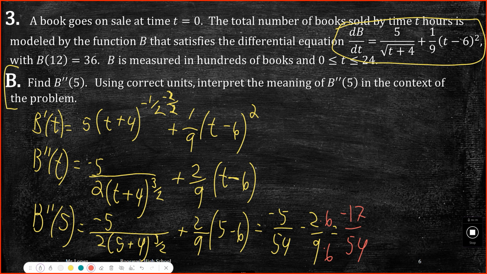Interpret this. What does that mean? The rate at which the rate of book selling is changing is decreasing by 17 over 54. You're interpreting a rate already, so it's the rate of the rate.